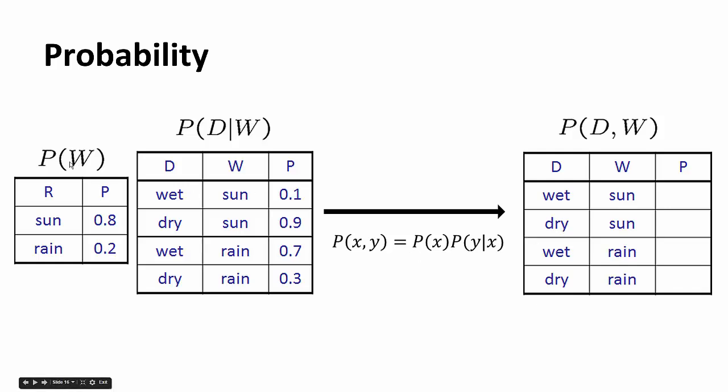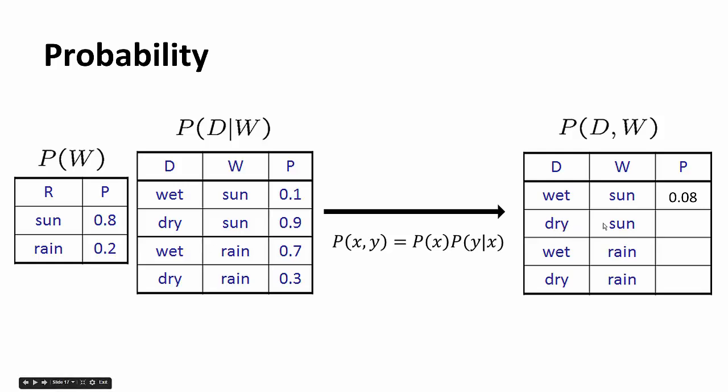Say we're given the probability of the weather and the probability of the dryness given the weather. If we wanted to calculate the probability of wet and sun, we would take the probability of sun times the probability of wet given sun. That's 0.8 times 0.1, which gives us 0.08.